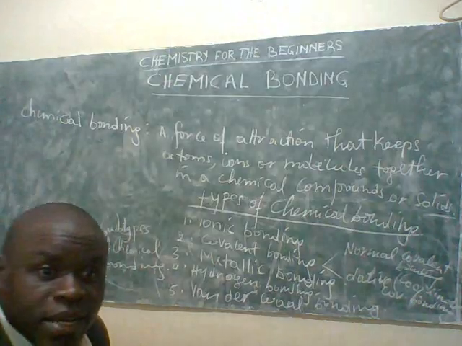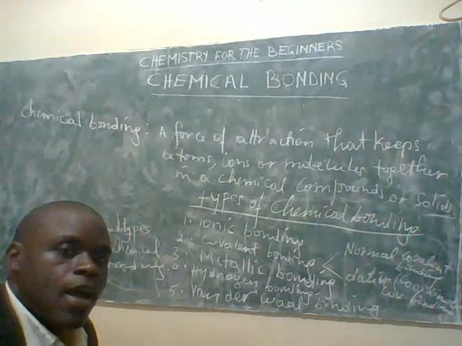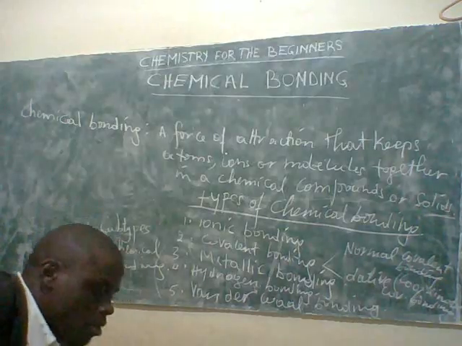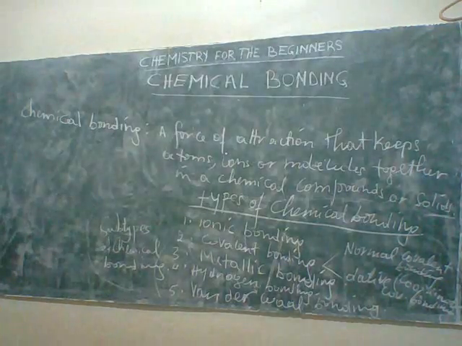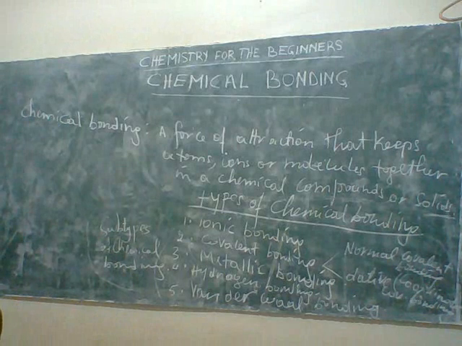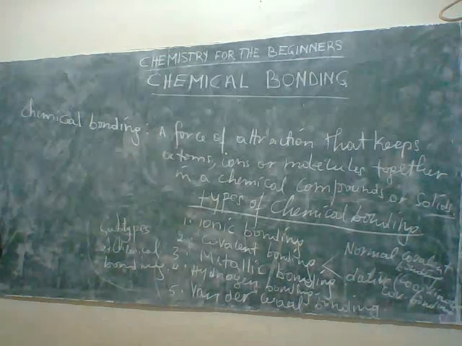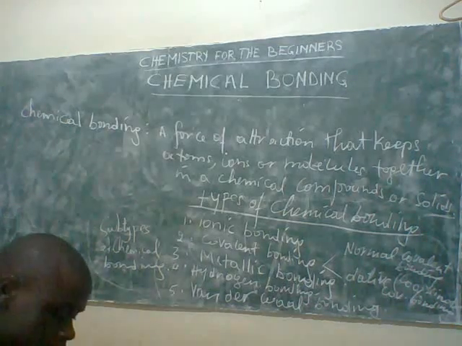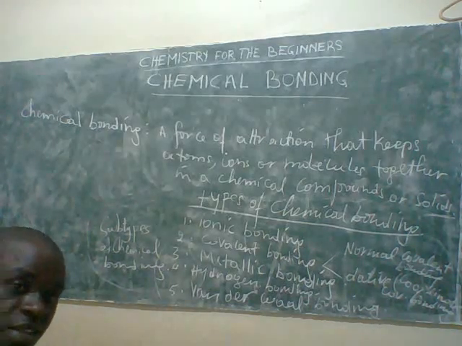Subtypes, if you want to know about the subtypes of bonding, I can give you an example like sigma bond. But you will learn this when you go into advanced chemistry.